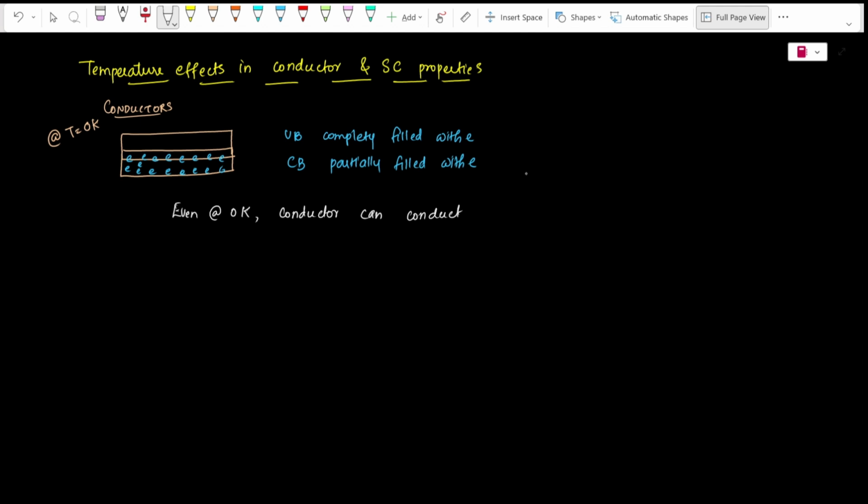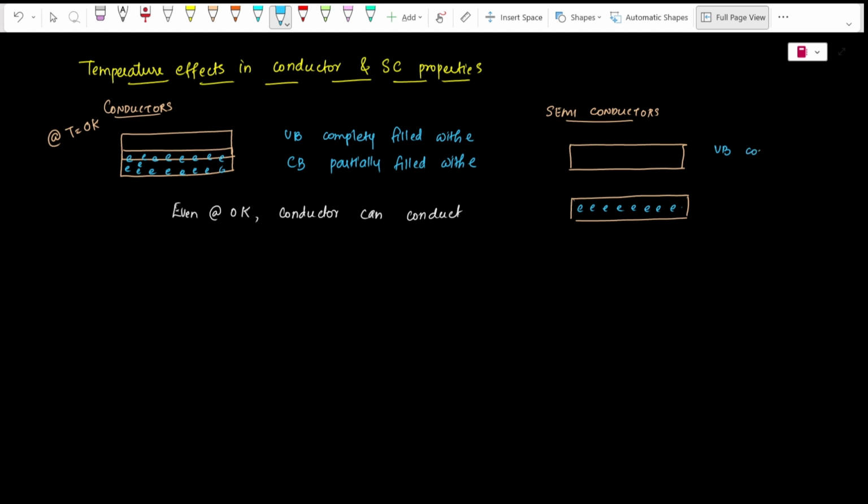Okay. Now, when I talk about a semiconductor, that's not the case, right? Because definitely the valence band and conduction band have a forbidden energy gap, which is called the band gap, 1.1 electron volt in the case of silicon, right? So the valence band is completely filled with electrons and the conduction band is completely empty.